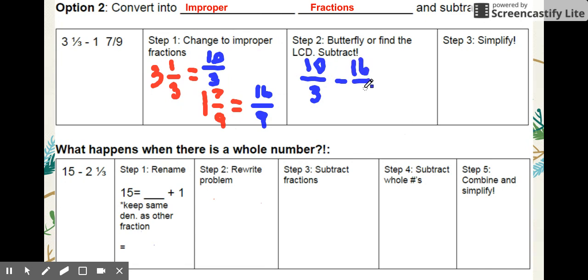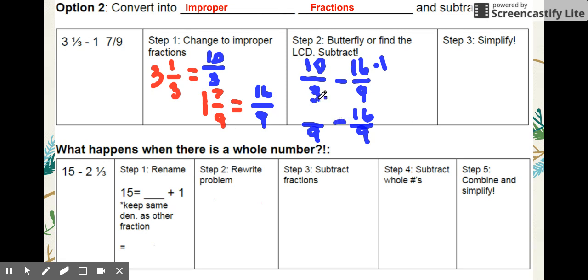So we've got 10/3 and 16/9. And the least common denominator for 3 and 9 would be 9. Rewrite the fractions with the same denominator. And 9 goes into 9 one time, so multiplying 16 times 1 is still 16. You could just see they have the same denominator, so the fraction stays the same.